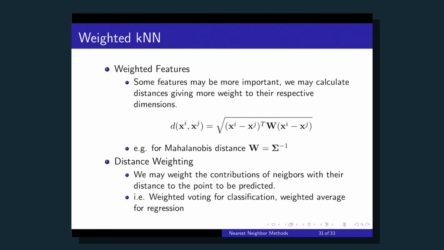So there are several modifications you can make for k nearest neighbors. One is weighted features. So let's say you have an instance with 5 dimensions, 5 different values for each example, and you know from the domain that some of the features are more important.